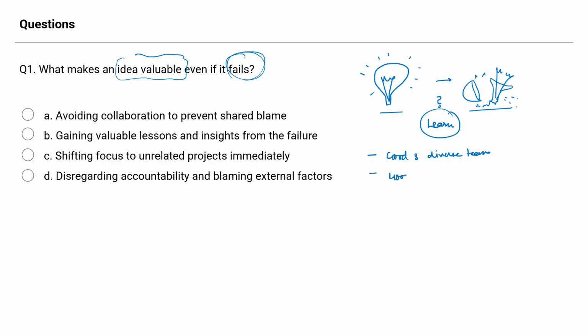Good research is very, very critical, which basically means that you have talked to your target audience or potential customers. And then the market is also very critical. Product market fit, that is also very critical.